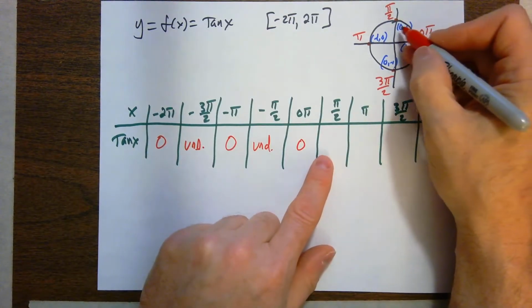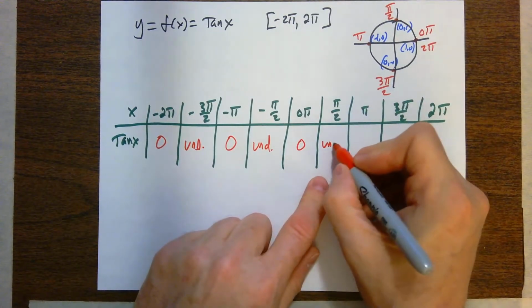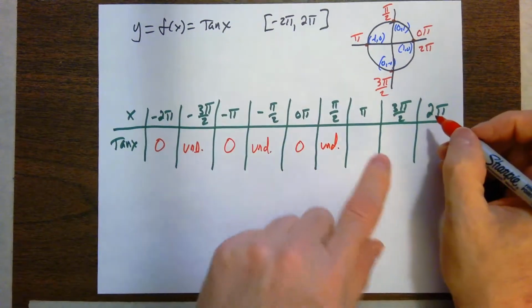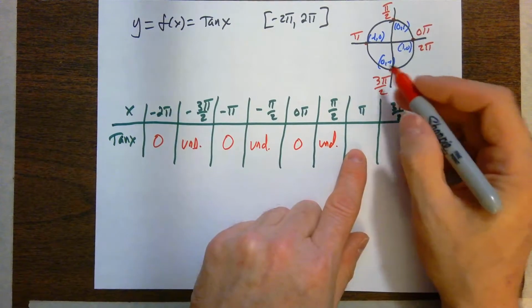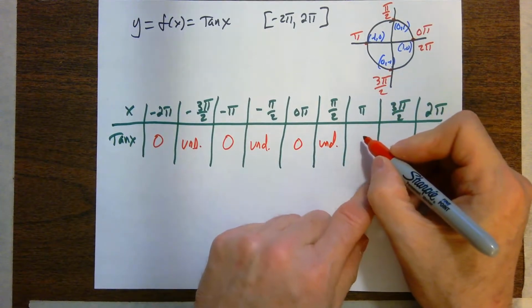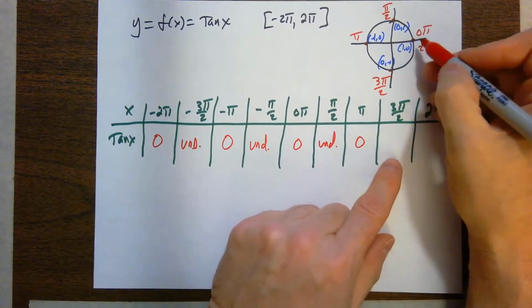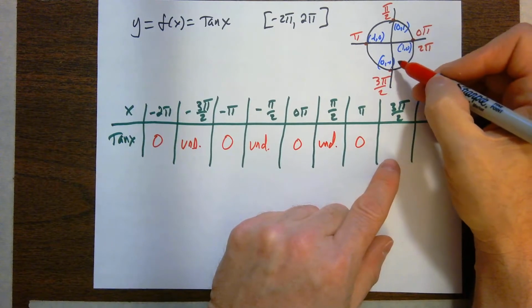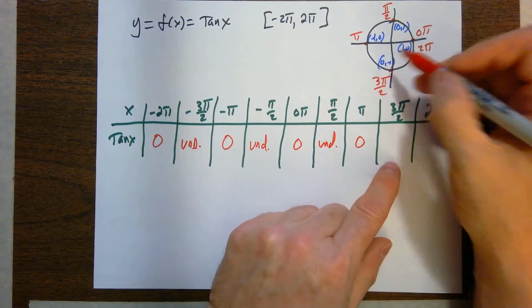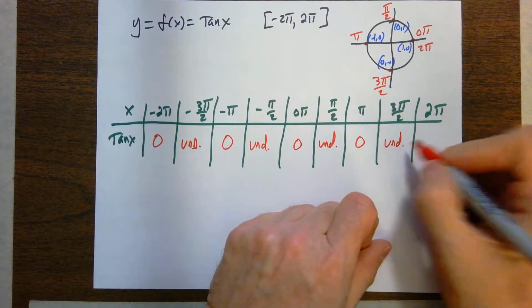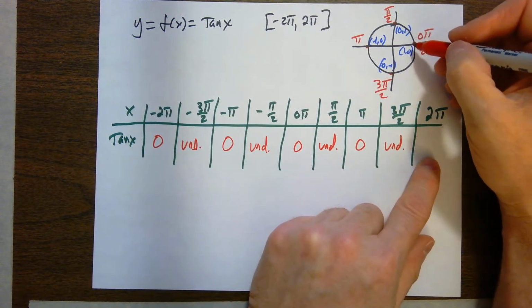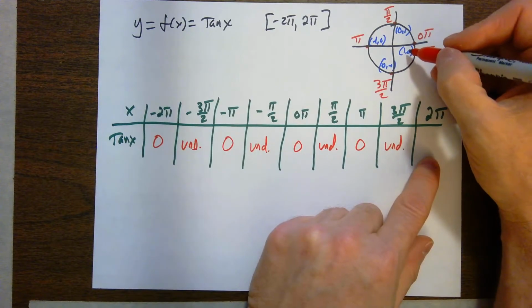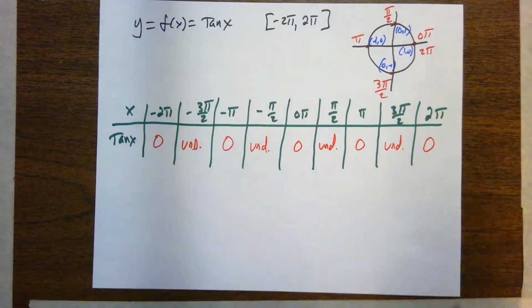At pi over 2, 1 over 0, which is undefined. This is not looking very good. At pi, I'm going to have 0 over negative 1, which is 0. At 3 pi over 2, negative 1 over 0, which is undefined. And at 2 pi, 0 over 1, which is 0.